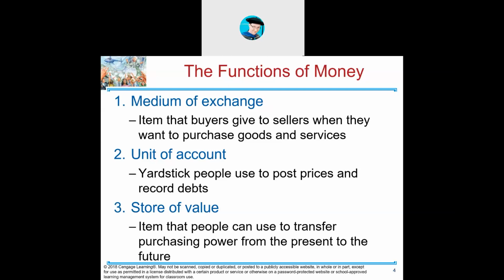When you use cash, it has a value to it. We call it the store of value. And earlier I had mentioned that a dollar yesterday is worth more than a dollar today. Why is that?